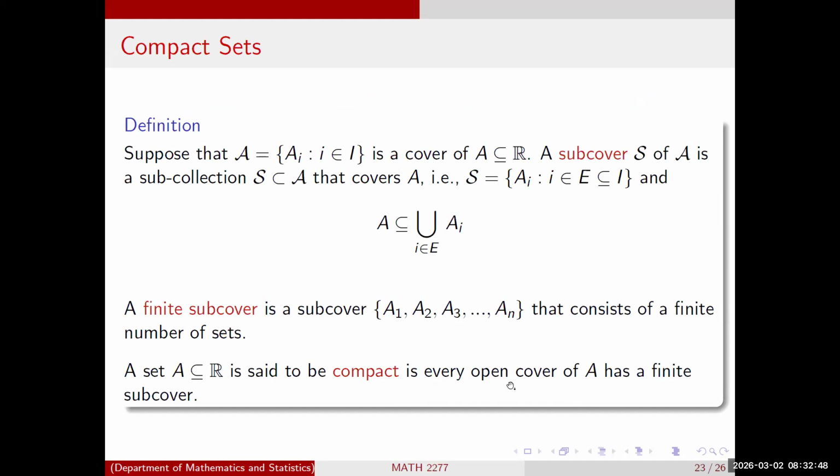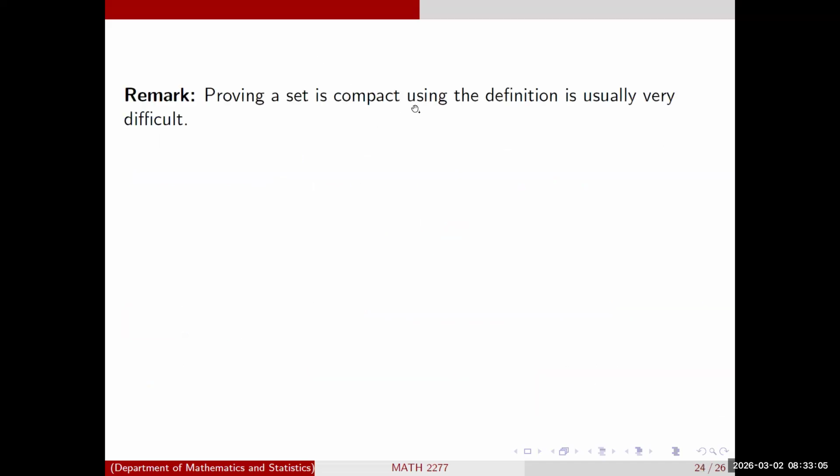And there are so many different open covers I could do with so many different types of open sets. So I need to show that for any type, I could always refine that cover to get a finite amount that still does the covering. So that's why it's very tricky to do.